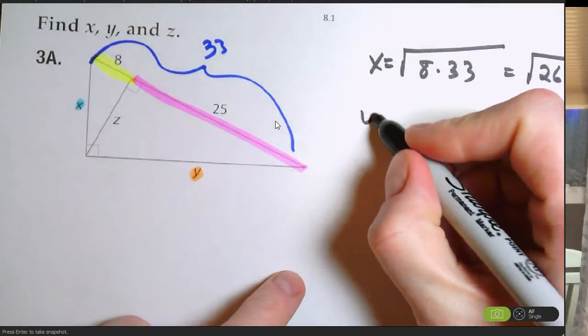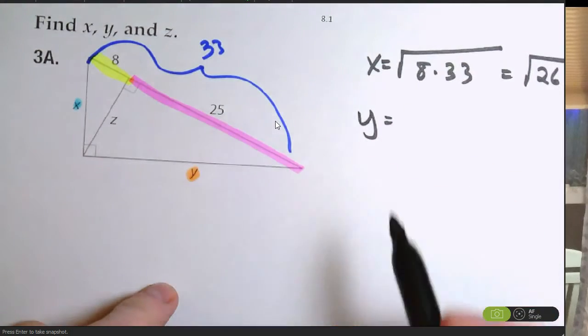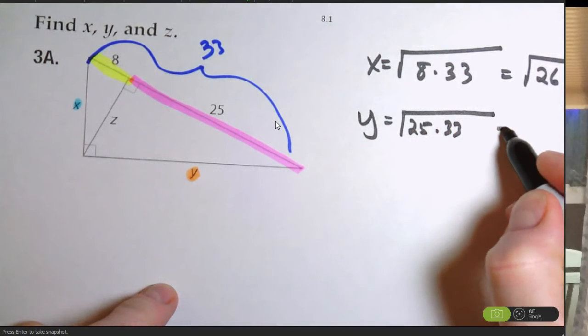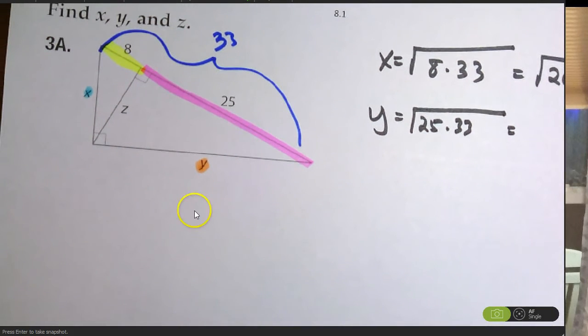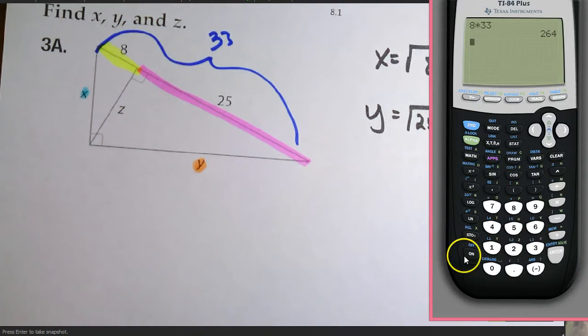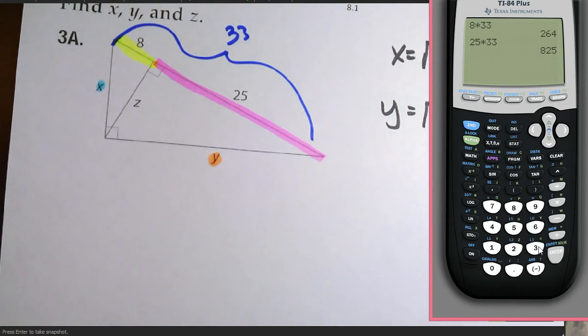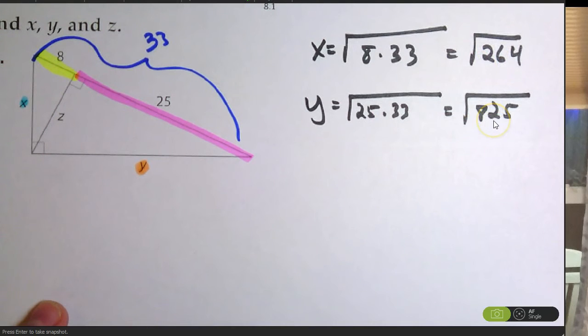Y will be the geometric mean of the whole hypotenuse and the little segment next to it. Again, I'll get out my calculator, which is 825. And again, I'm not worried about simplifying that. We'll talk about those in class. So the square root of 825.